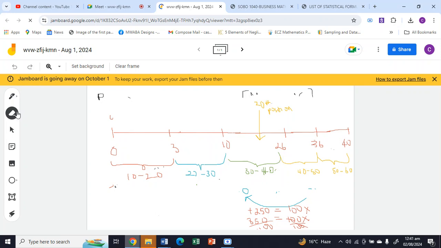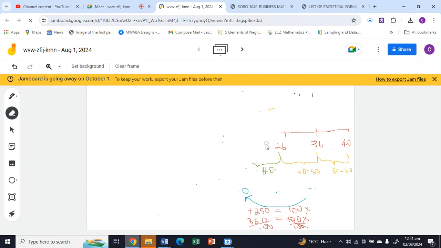Okay. So the next part of the question is asking us to describe the distribution of the data. So you can say that since the mean and the median are the same, this data is following a normal distribution, something like this.